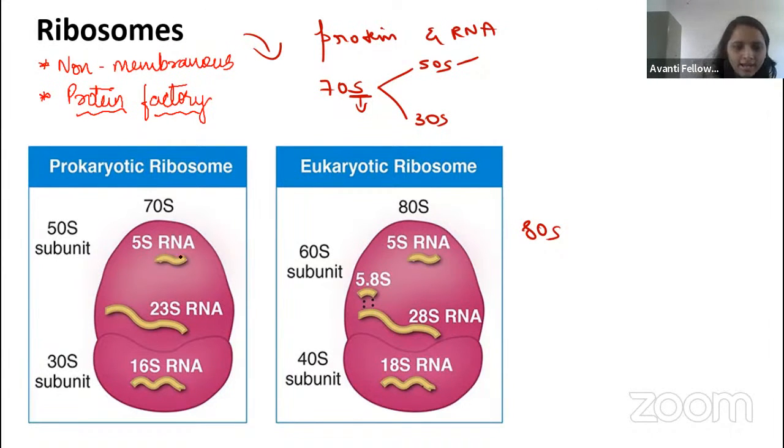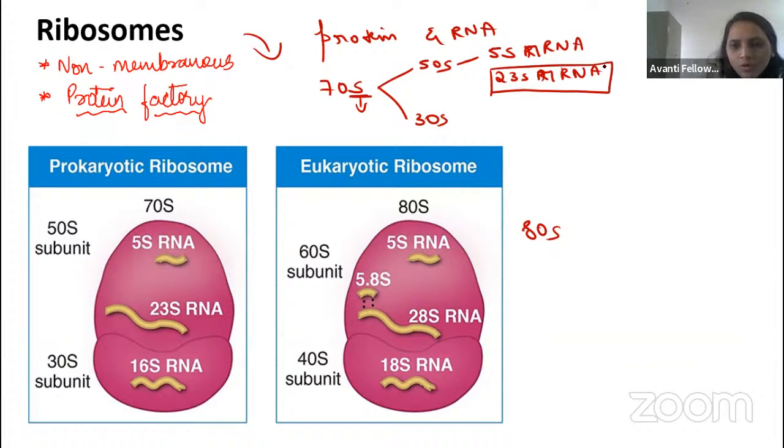In the 50S subunit, we will call it the larger subunit, guys. Here you can see in the diagram, it is the larger subunit. It is made up of 5S rRNA and 23S rRNA. Remember this, guys. The 23S rRNA has ribozyme activity. During the translation process in molecular biology, you have studied, right?